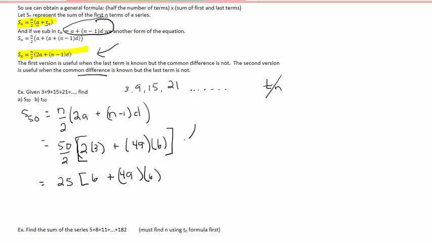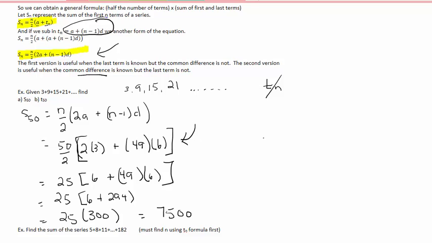You don't need this step here necessarily. Then to finish the question off, we have 25 multiplied by 6 plus 294, which is 25 times 300, which equals 7,500. So therefore, S at 50 is 7,500. If we wrote out the sequence and all of the first 50 terms and added them together, the sum would be 7,500.